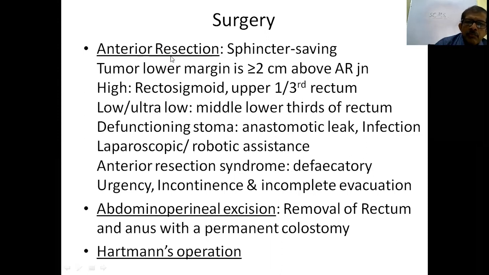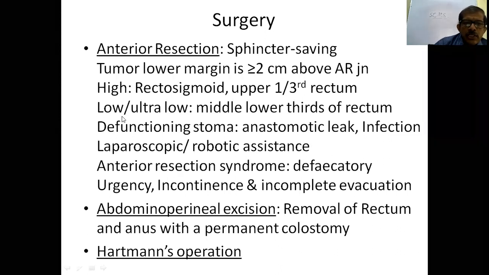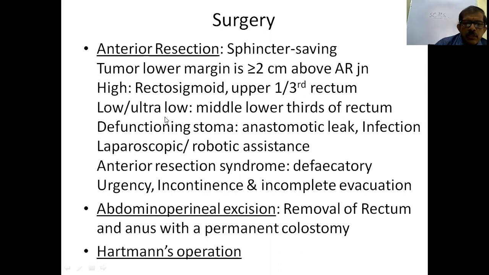If you are not keeping this much margin, then it may be either low or ultra low. Even people are doing not the total 4 centimeters, only 2 centimeters. So that is also being practiced. So that is ultra low. That you can only do with staplers, anastomosis.